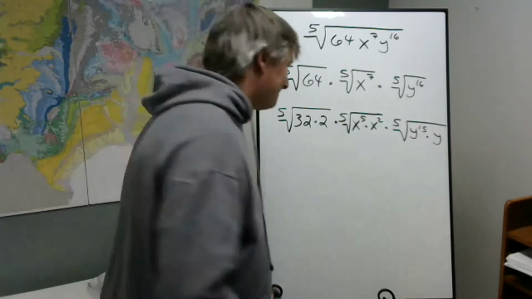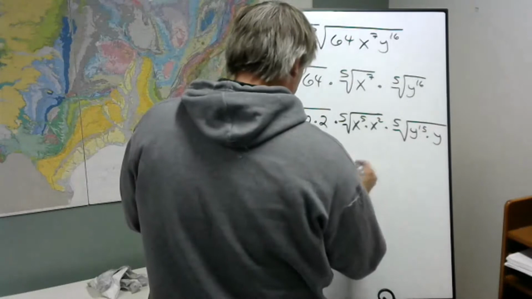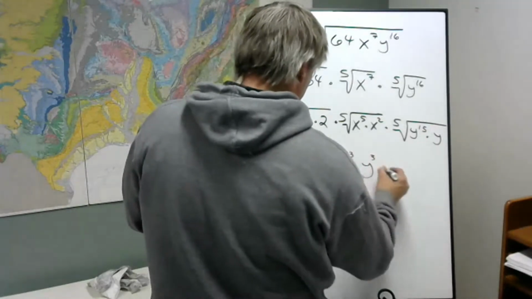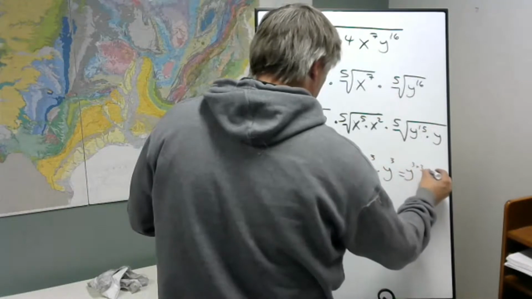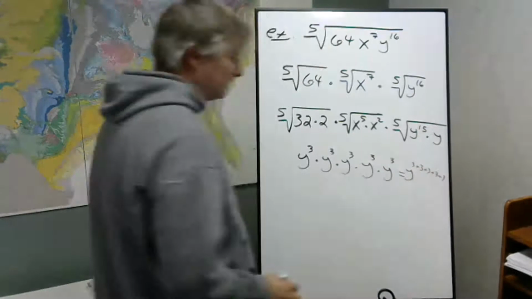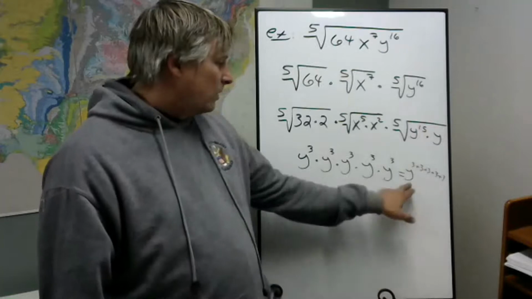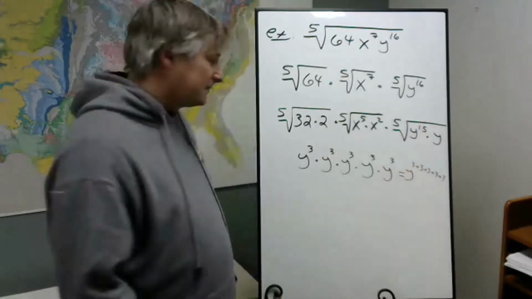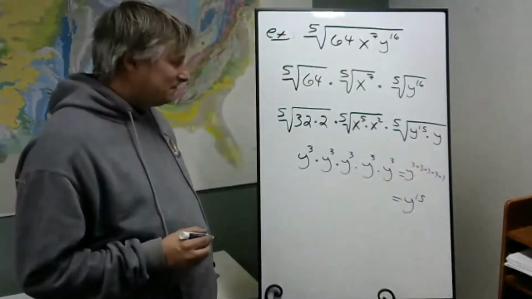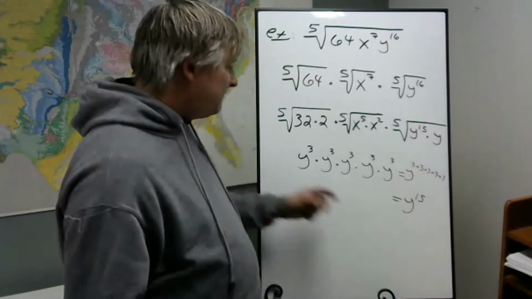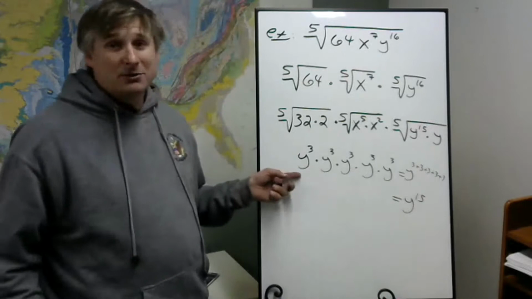So here's why. You take 5 y to the 3's, multiply them together, you'll get y to the 3 plus 3 plus 3 plus 3 plus 3, or y to the 15th. So that means the fifth root of y to the 15 is going to be y cubed.